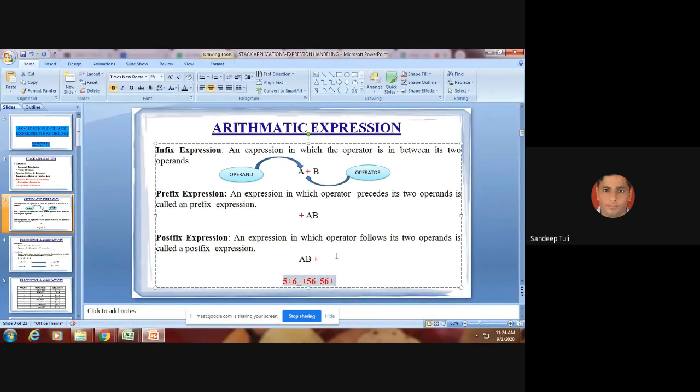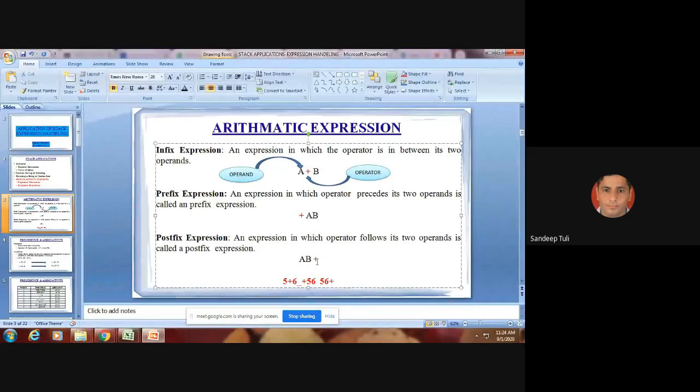All will produce the same result, 11. Do not try to match it with prefix and postfix operators. These are simply expressions, three different forms of writing the same expression: 5 plus 6, plus 5 6, and 5 6 plus. The first is infix, the second is prefix, the third is postfix.